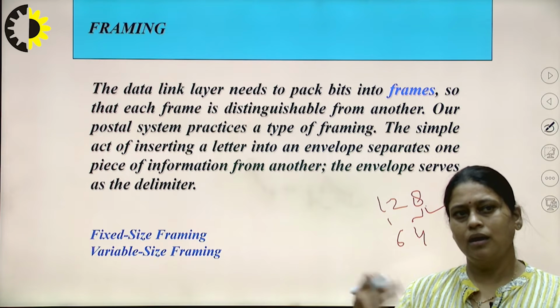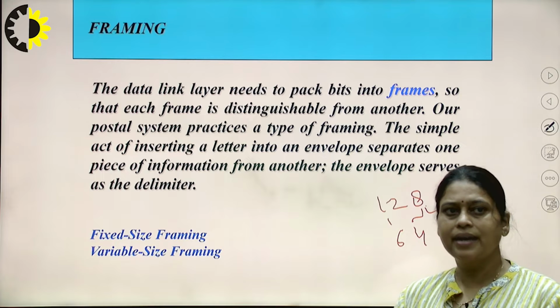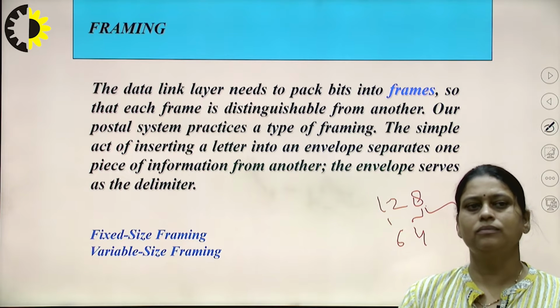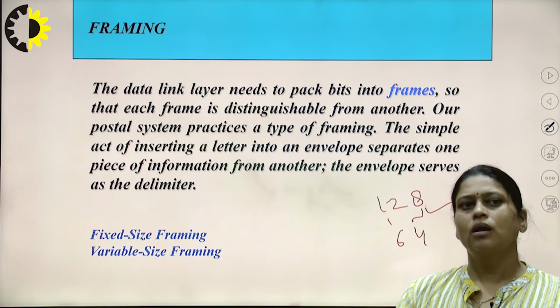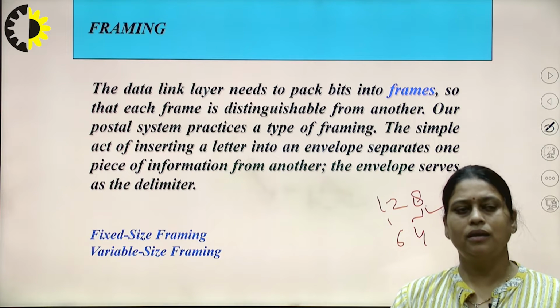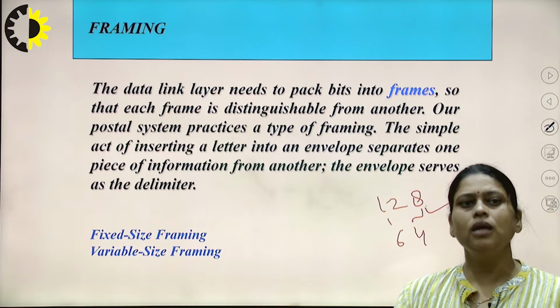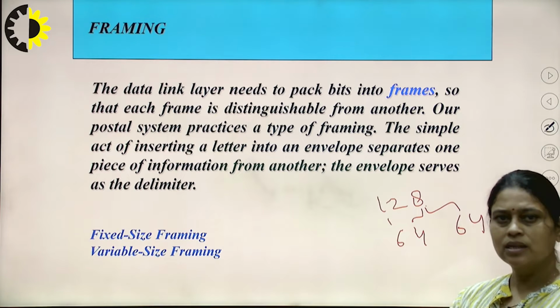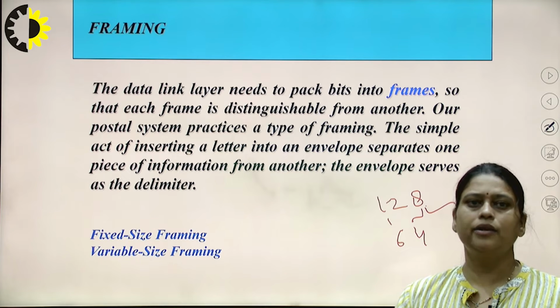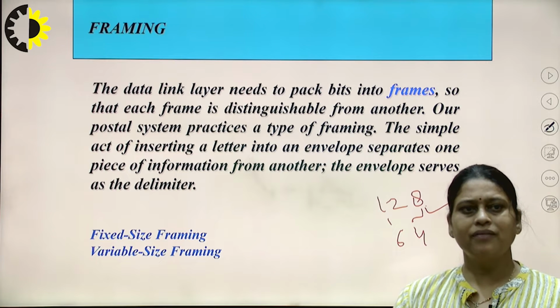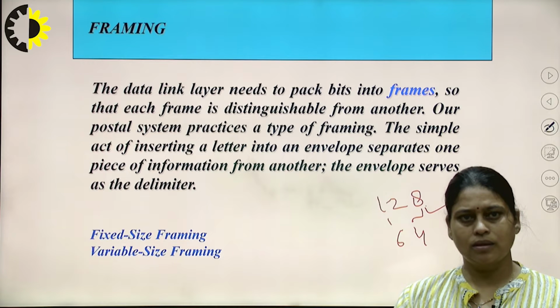So, we can define it like a postal system, where we send a letter to the destination. The data is divided into a number of frames. The simple act of inserting a letter into an envelope separates one piece of information from another.